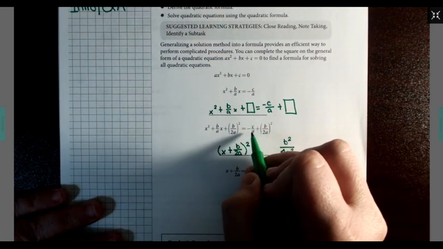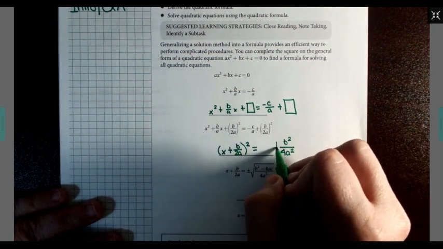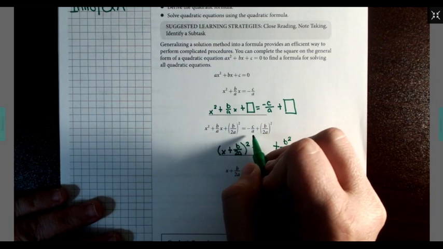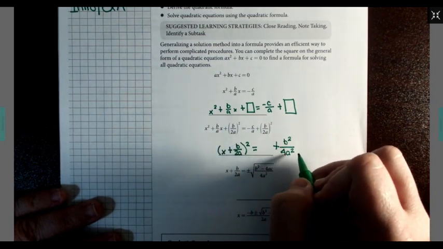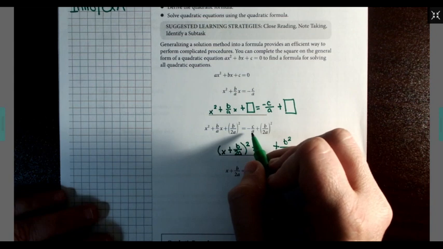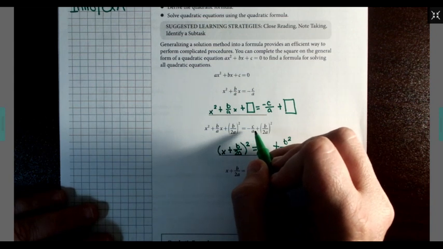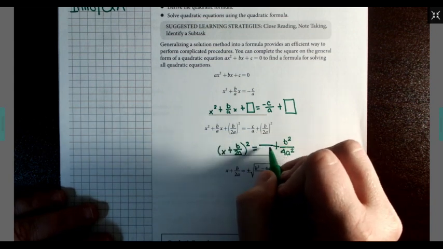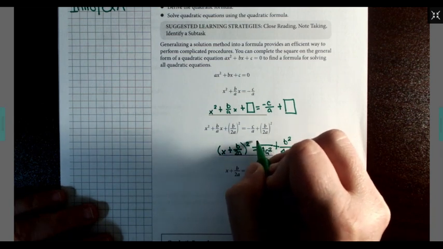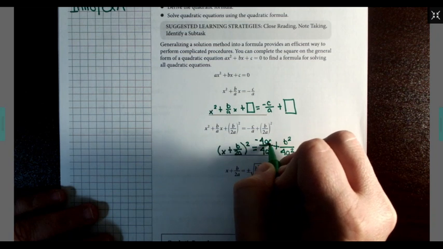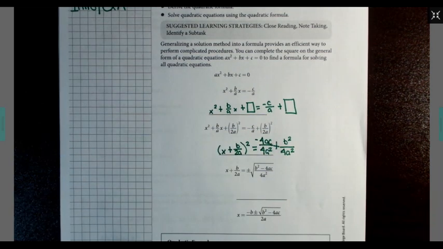I would have to get the denominator the same here in order to add these. So notice that this denominator is 4a to the second power, so I need to multiply this by 4a. So this is going to be 4a squared, but that means I'm going to have to multiply 4a to the top. So that would be negative 4ac.